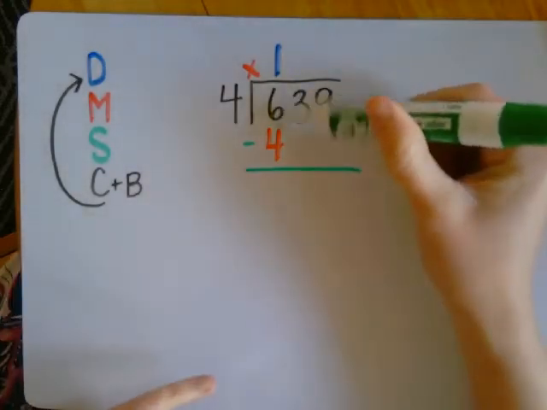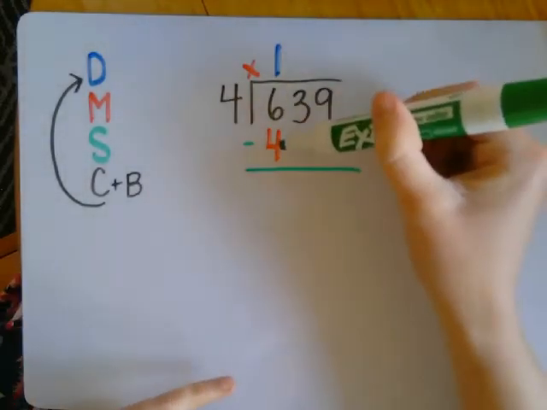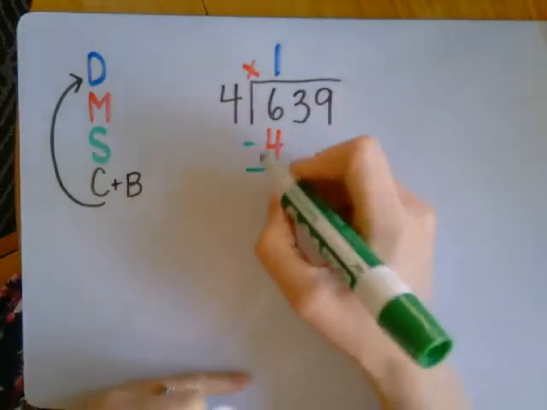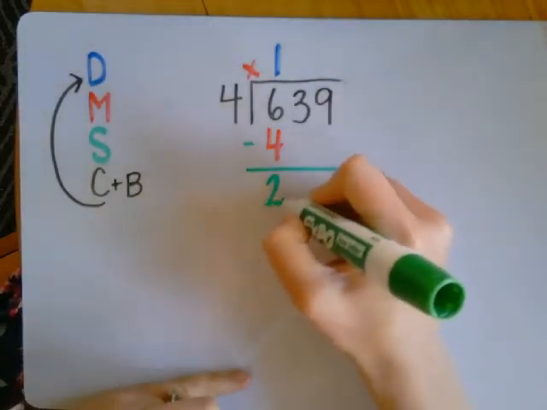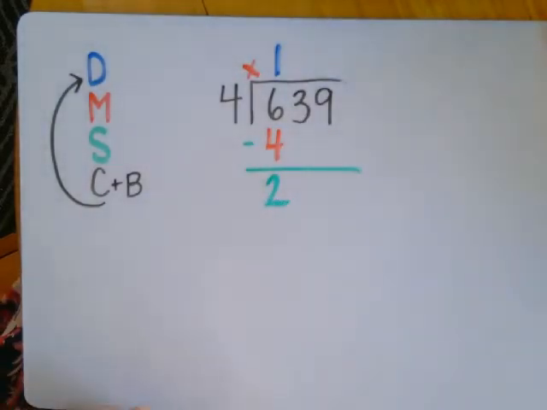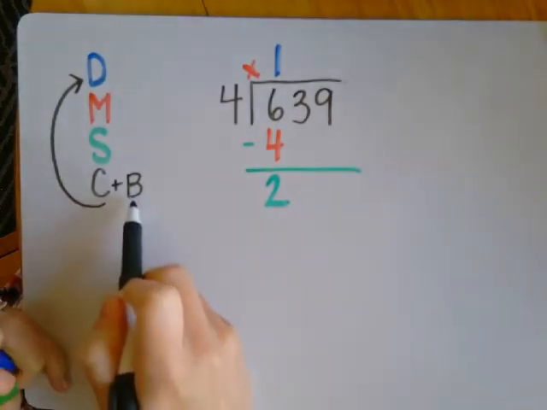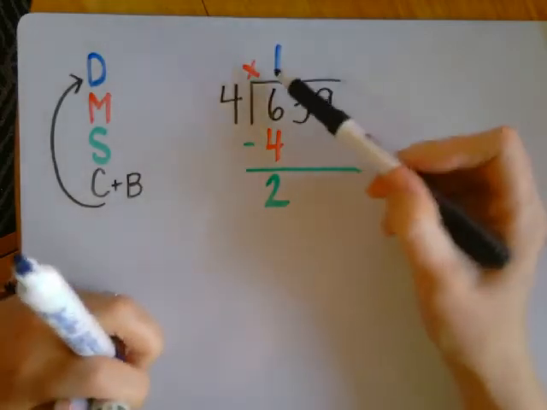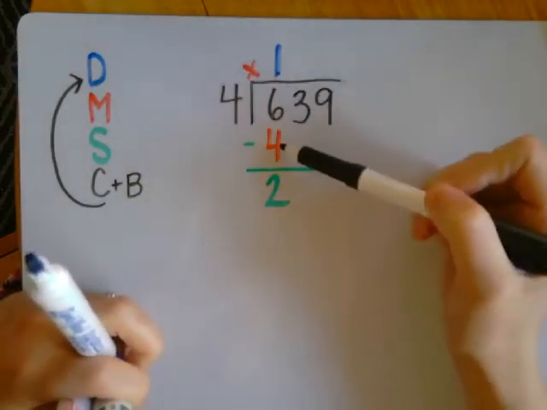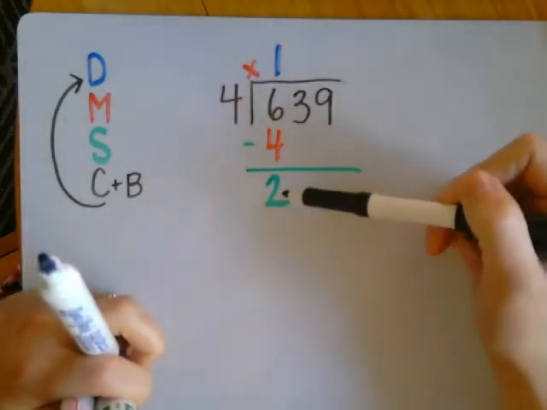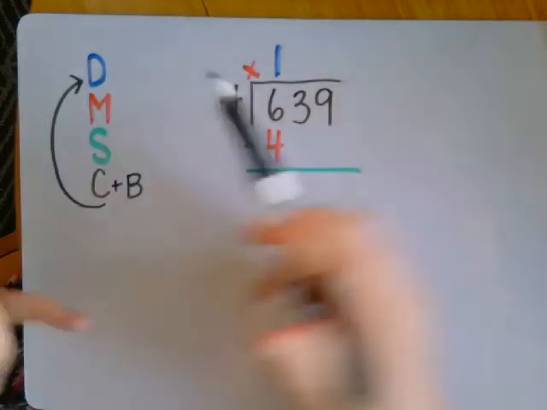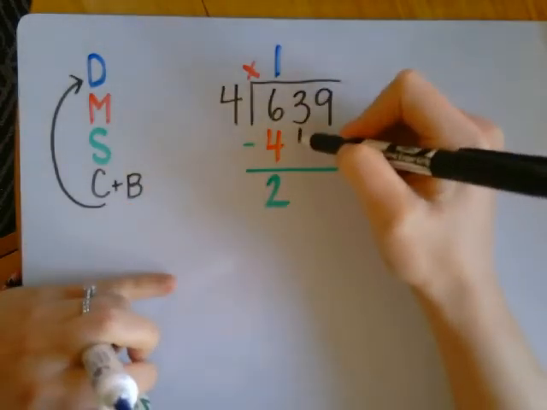So I had 6 things, and I can make a group of 4 things out of that. So I'm left with 2. Then my next step is to check my work and bring down the next number. So if I go back to the beginning, 4 times 1 is 4, 6 minus 4 is 2, I'm good to go. So I need to bring down that next number.